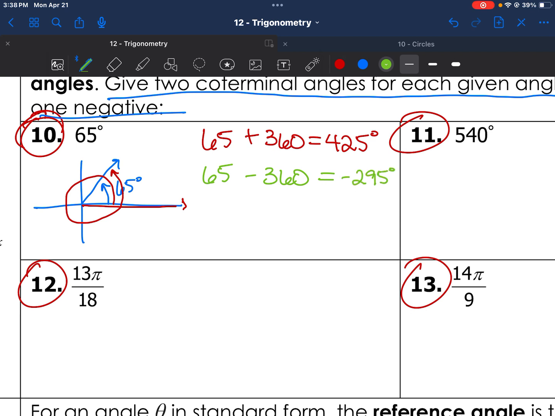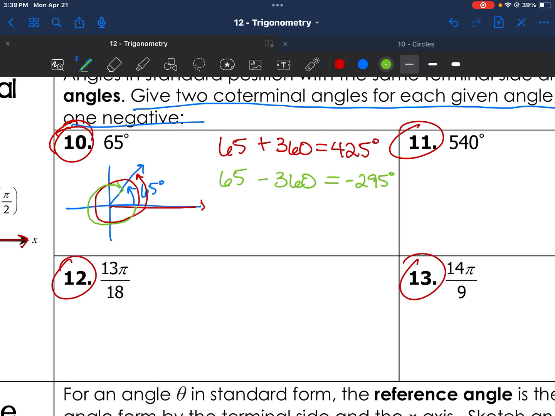Now notice, I don't have to go all the way around for this one, but if I went that way, then yes, negative 295 would start and stop in the same place. So 425 and negative 295 are two coterminal angles of 65. Now, there are an infinite amount, but I'm only asking for two.